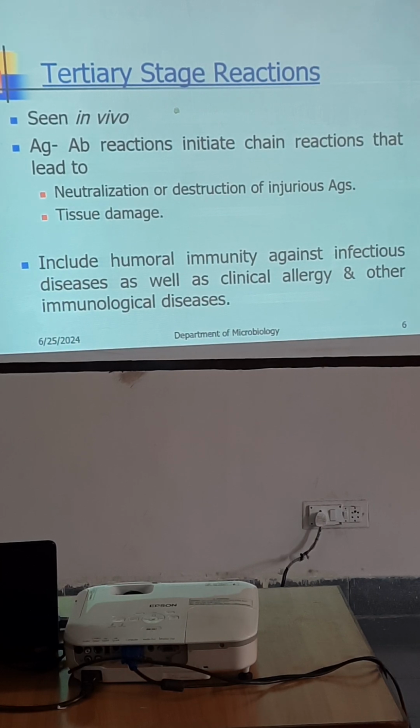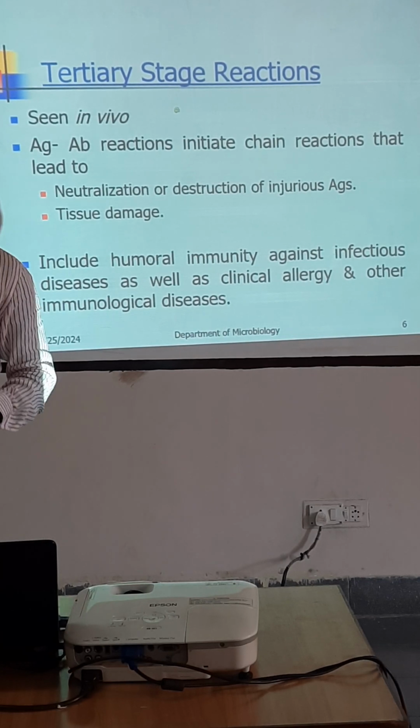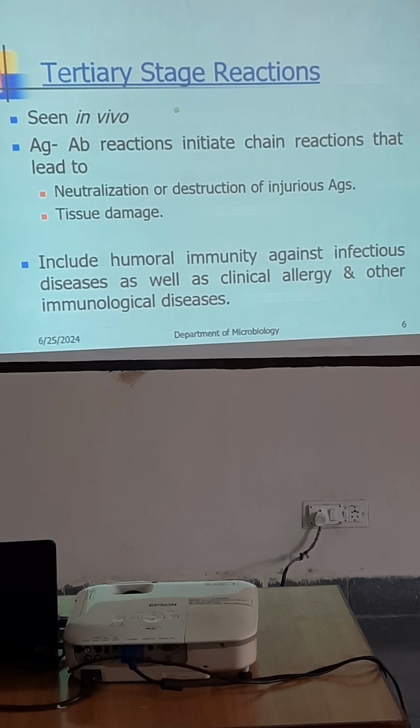So this can be termed as the antigen antibody reactions that initiate certain chain reactions. These chain reactions show their effect in vivo, and these effects are either neutralization or destruction of various injurious antigens.